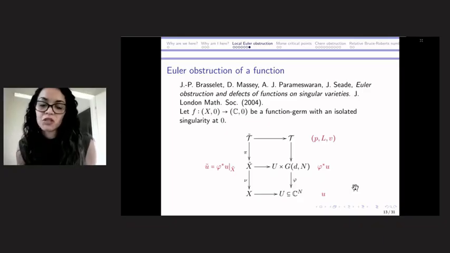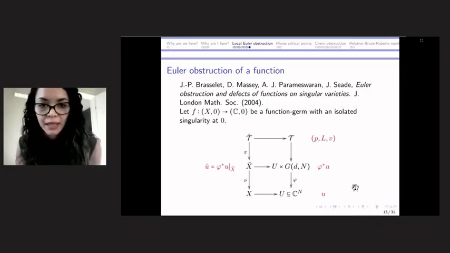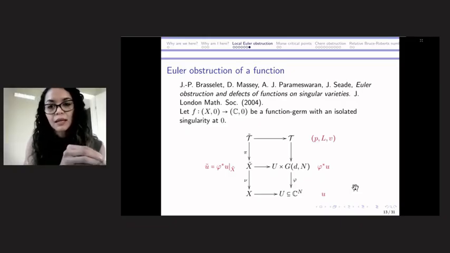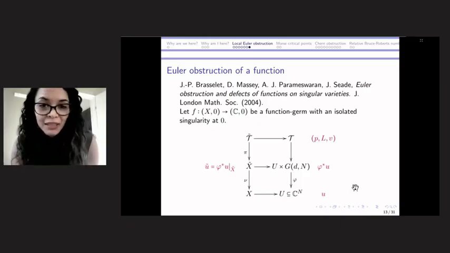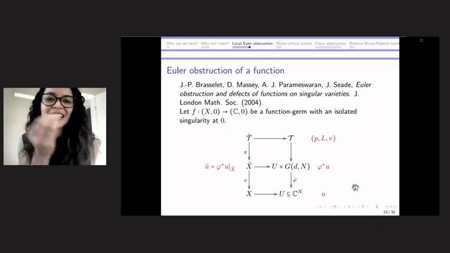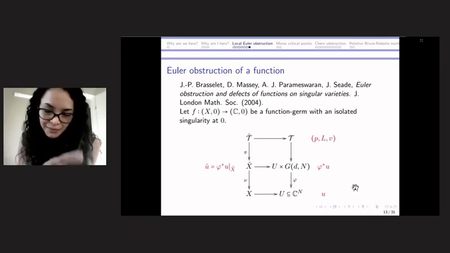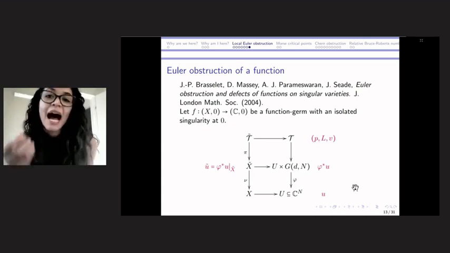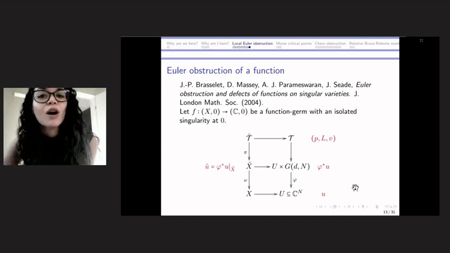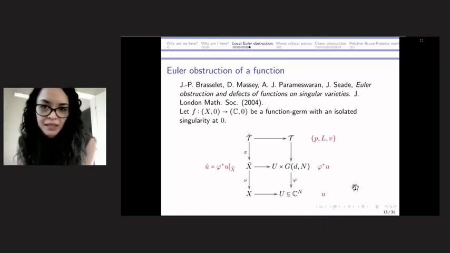What is the meaning of that? To each point of our variety, if you have a stratification, this point is in some stratum, and in the strata where we have smoothness, we can compute the tangent space. What the vector field does is the following: it takes each point of the variety and gives us a vector in the tangent space of the stratum where that point is.